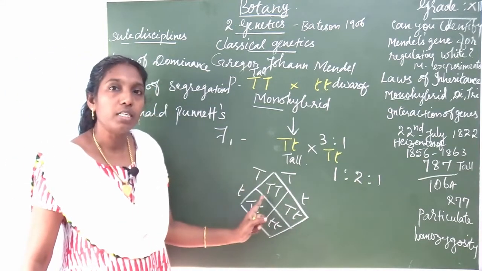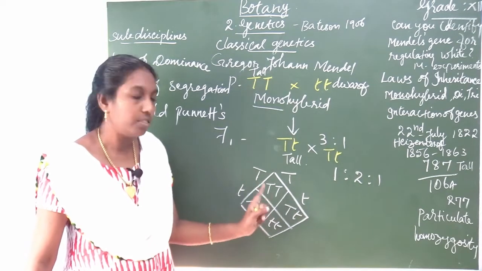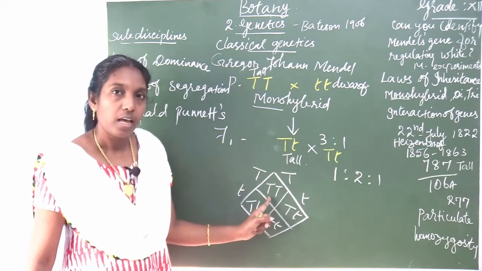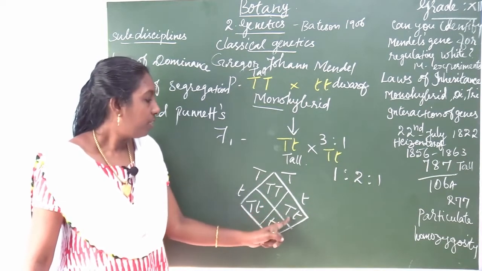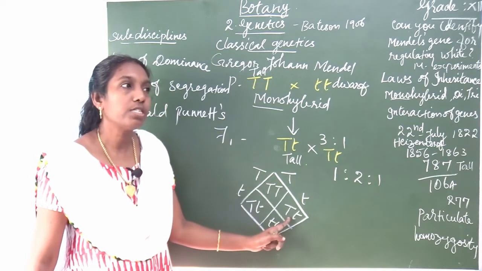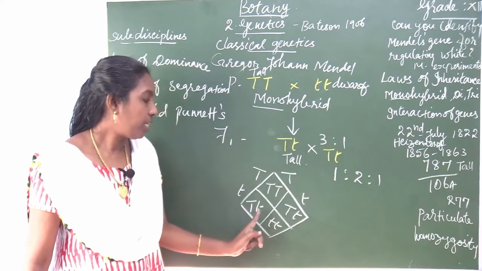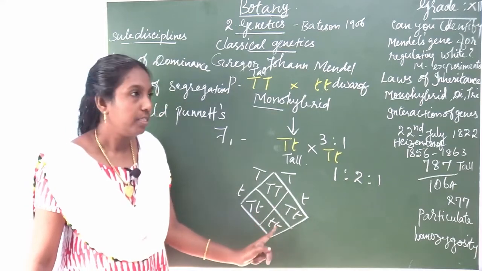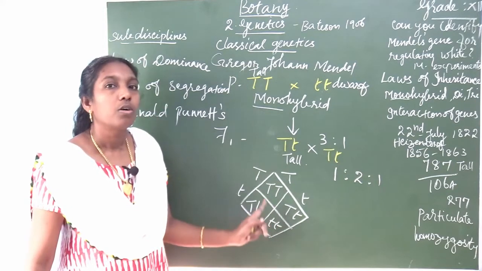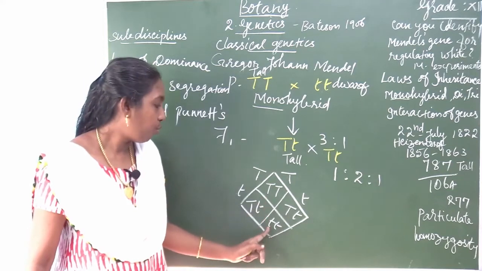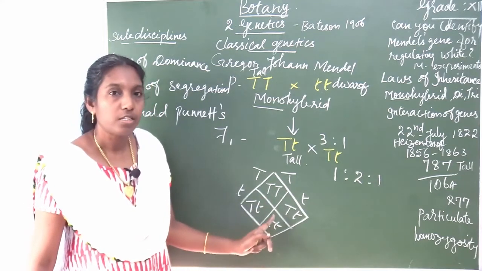The first one is homozygous dominant, that is capital T, capital T. These two are heterozygous dominant, that is capital T, small t, and this is homozygous dwarf, small t, small t.